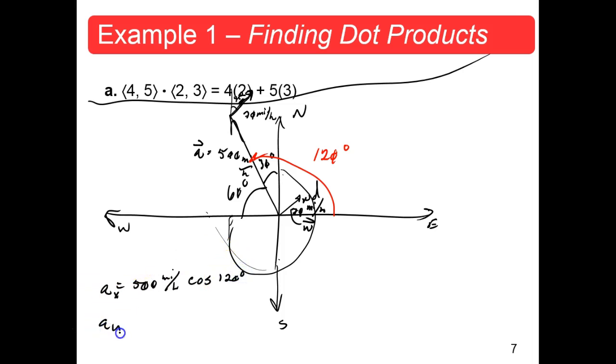And your a sub y would then be what? 500 miles per hour times the sine of 120 degrees. Now, you tell me what you expect the answers to be. What would be the signs of this vector's x component?